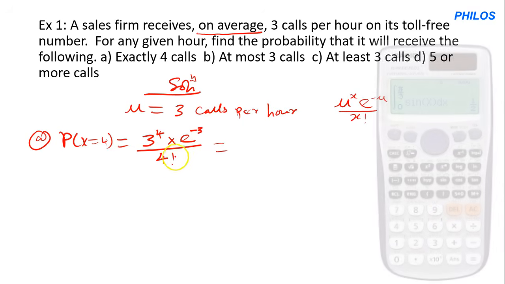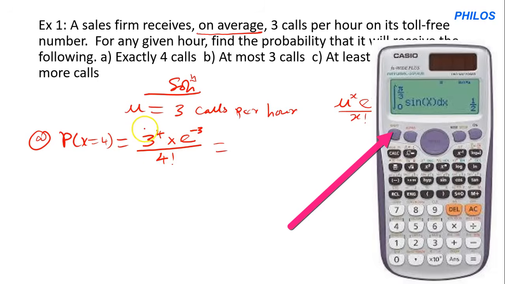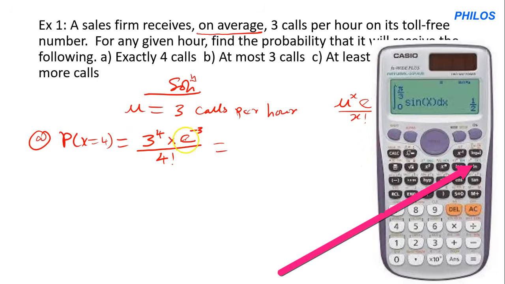Now to get it, take your calculator, click on the division key. So at the numerator, enter 3 exponent 4 times. Now to get the e, click on shift. After clicking on shift, check for a particular key, they've written ln on it, natural log. So you click on that key, it will give you the e, then you enter the exponent, negative 3.